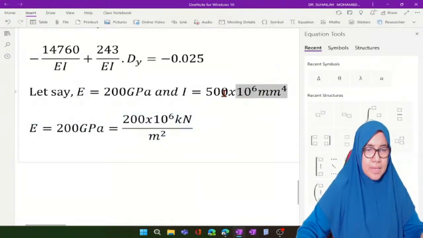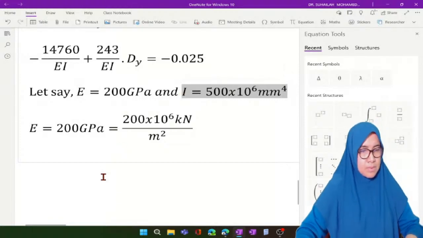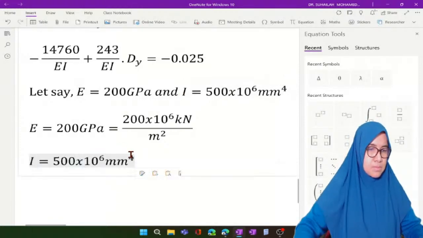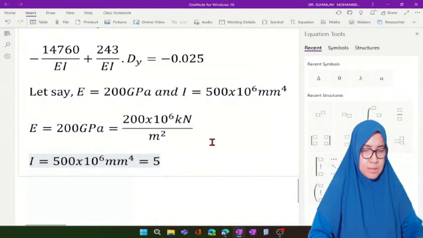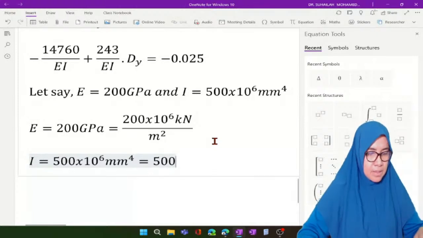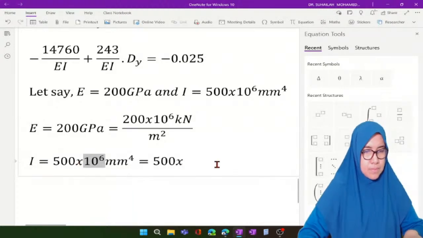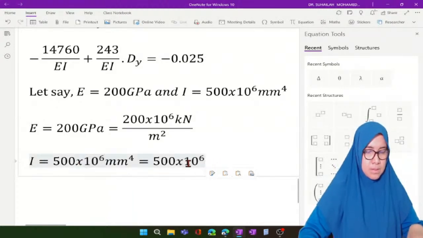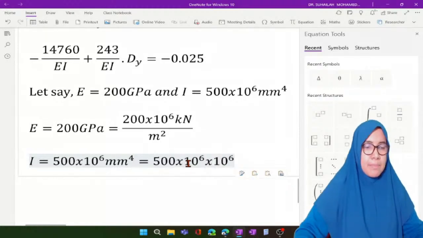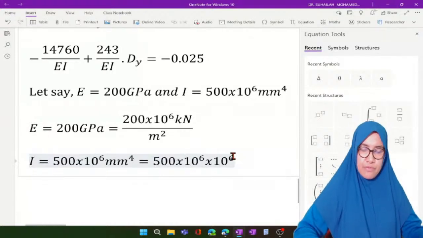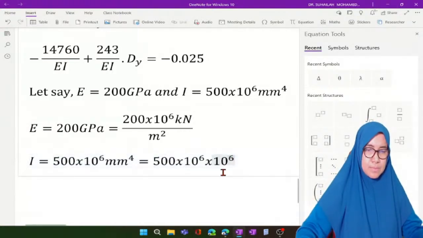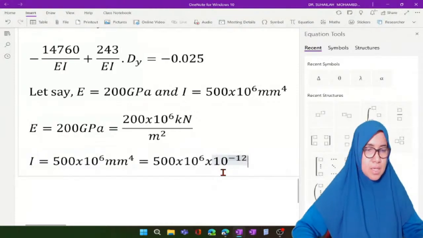And for I, we need to change to 500 times 10 power of 6 millimeter 4. Changing to meter 4 is 10 to the negative 12.